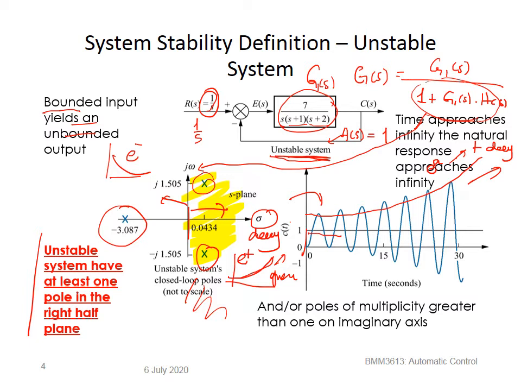I think this phrase is quite confusing, but if you keep reminding yourself that poles on the right half plane mean the system is unstable, that is quite sufficient.